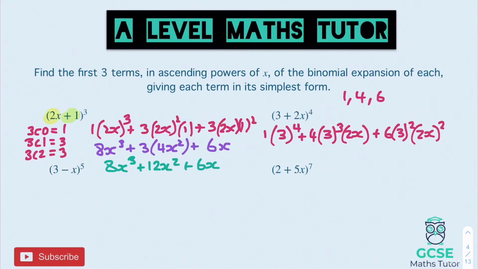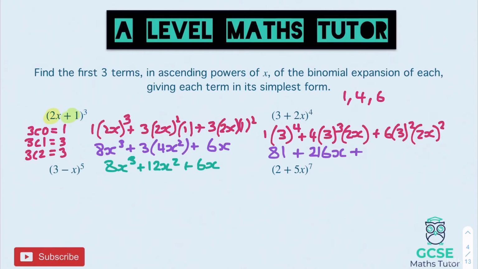There we go. So simplifying this down, let's see what we get. So 3 to the power of 4, I'm just going to do that on the calculator, is 81. So we get 81 plus 4 lots of 3 cubed. So 4 times 3 cubed is 108. Multiplied by 2 is 216, so we have 216x.